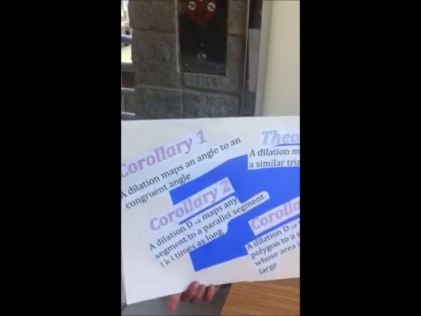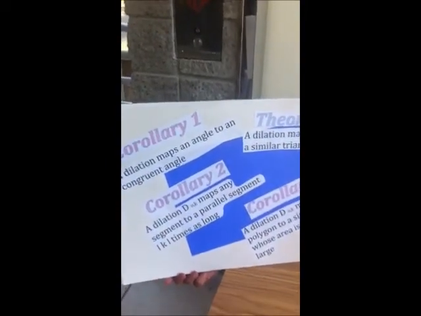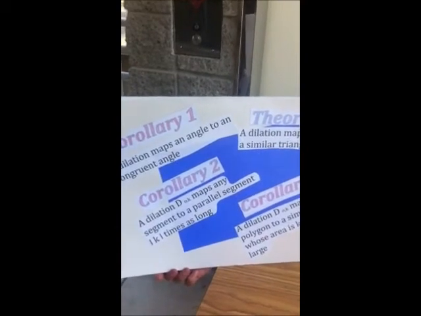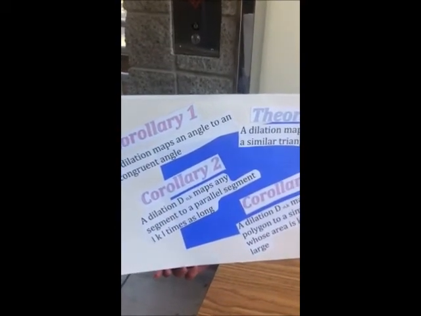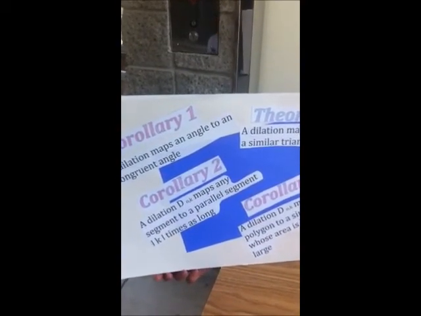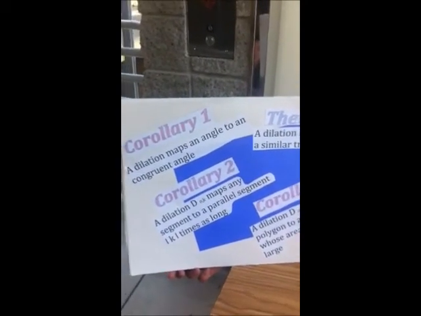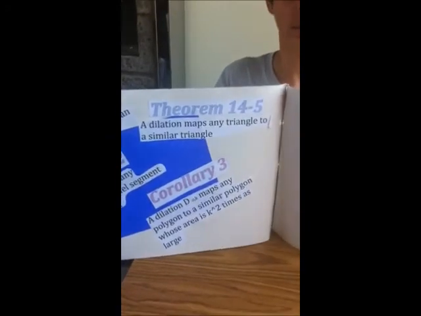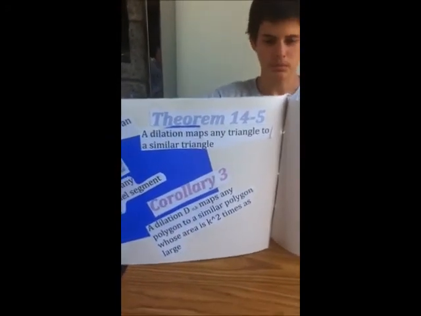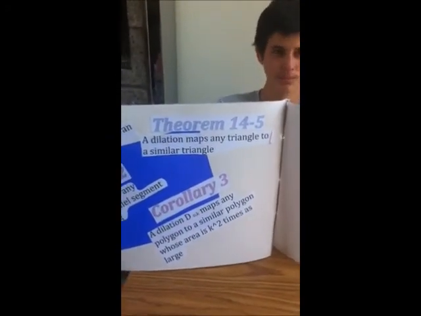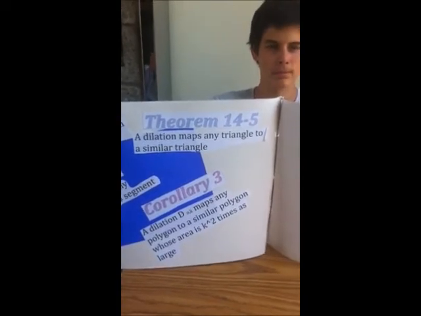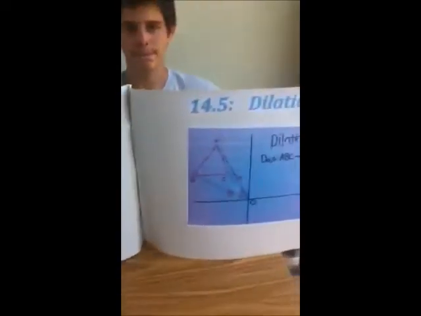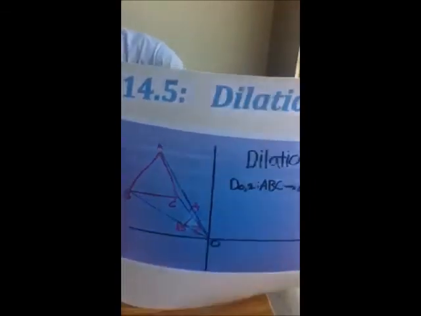A dilation D of O and K maps any segment to a parallel segment, absolute value of K times as long. A dilation D of K maps any polygon to a similar polygon whose area is K to the power of 2 times as large.